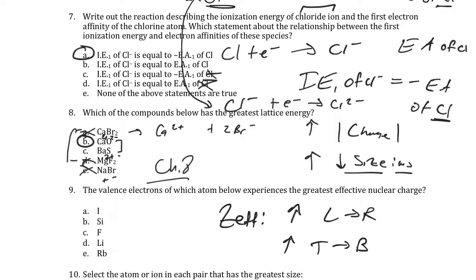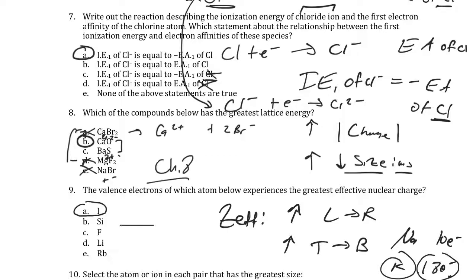So if you imagine, I like to just picture sodium to potassium, you go from a core of 10 electrons to a core of 18 electrons. The core is bigger in the case of potassium, not screening as well. So more of the charge makes it out through to the one valence electron of potassium in comparison to that of sodium. Okay, so effective charge is going to be highest for iodine.